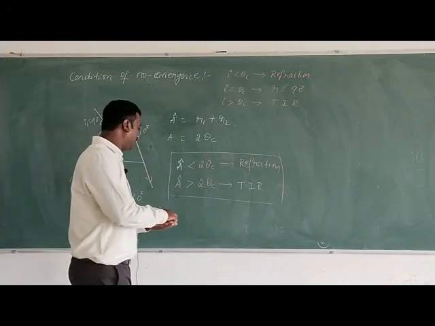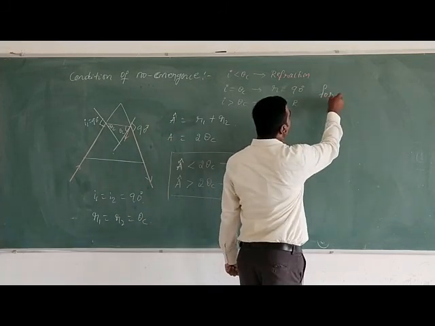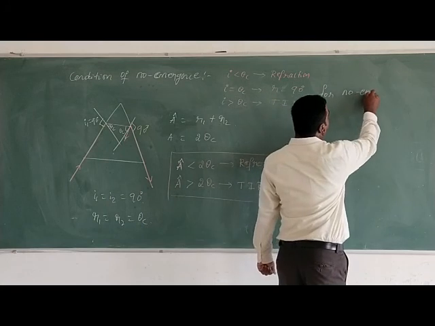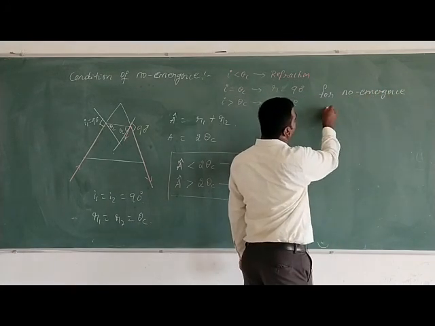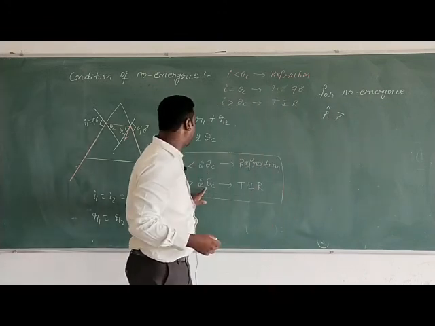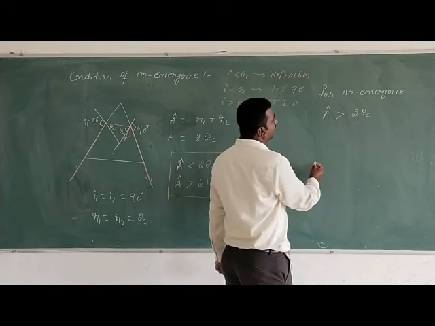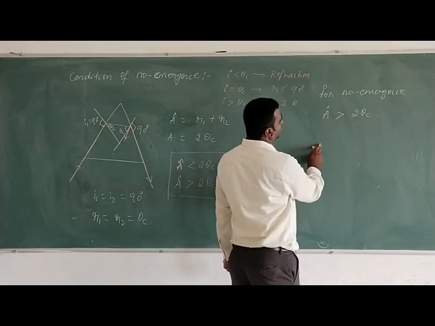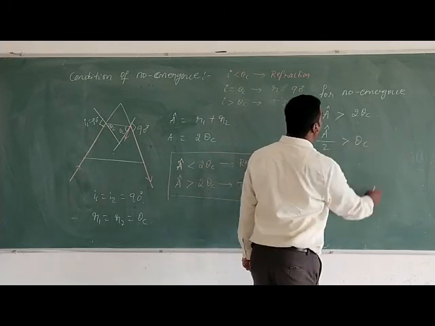If the angle of the prism for no emergence, A, is greater than twice the critical angle, then A by 2 is greater than the critical angle.